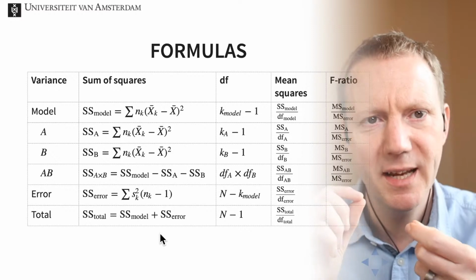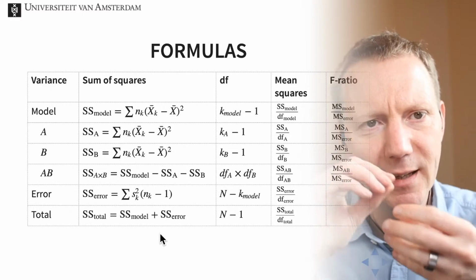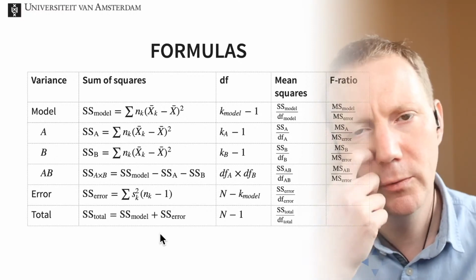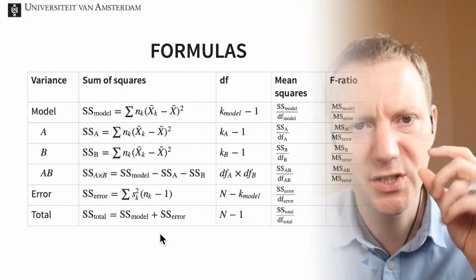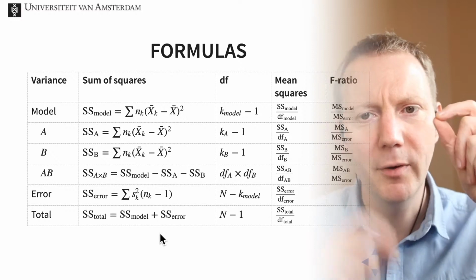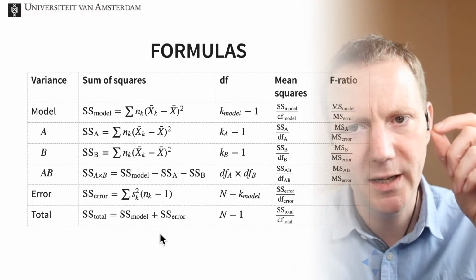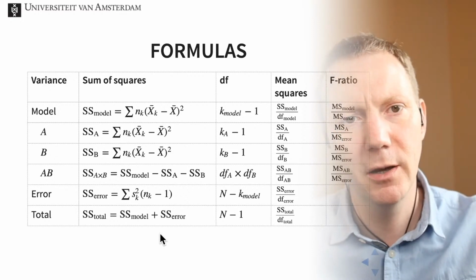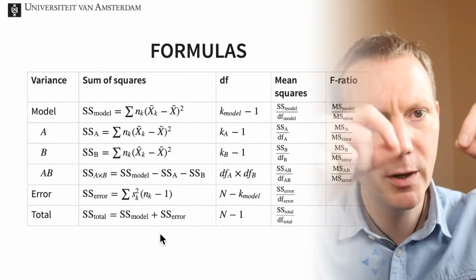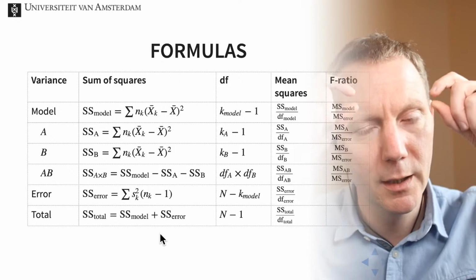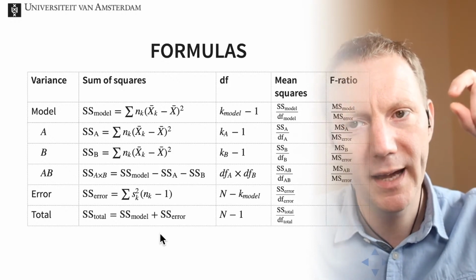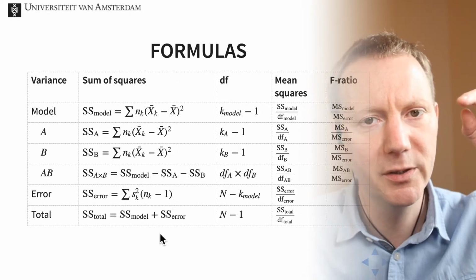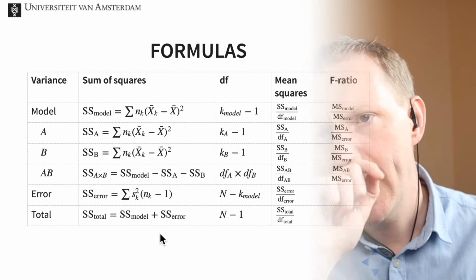And that is what's going on with the factorial ANOVA. It has a model which is expanded upon, where with a one-way ANOVA you just have one independent variable. Now you have two, and you add an interaction term. So the model contains essentially three parts: the separate part for each individual independent variable, and the interaction between these two, which actually is just a multiplication of those two.